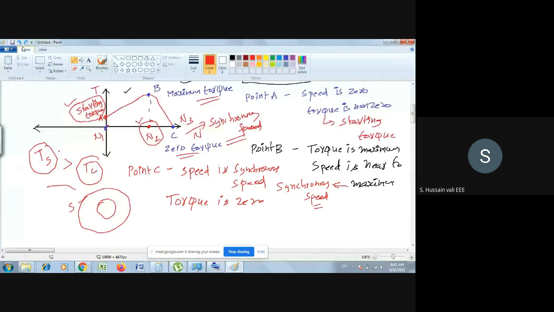They produce a magnetic field in the air gap, North Pole, South Pole. Assume that they are rotating with a certain speed, and I told you it is the synchronous speed. The speed of the rotating magnetic field is synchronous speed, whose value is equal to 120 F by P.